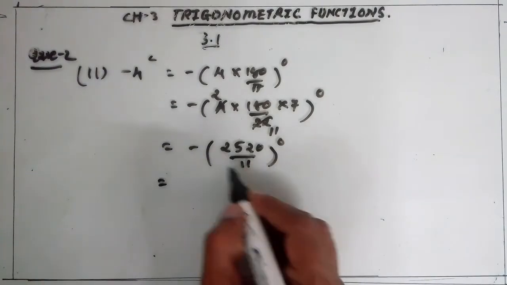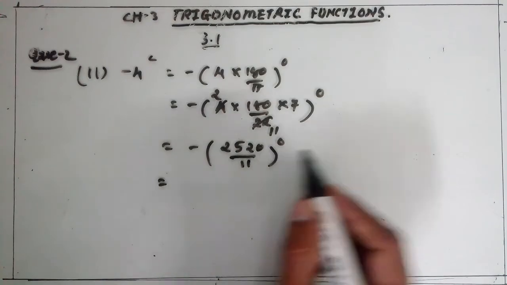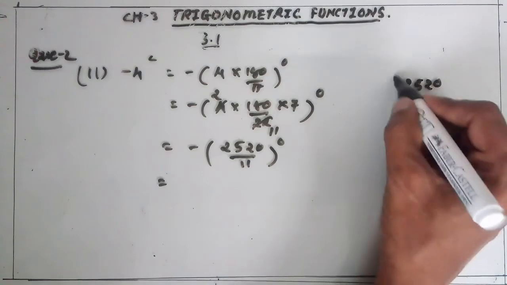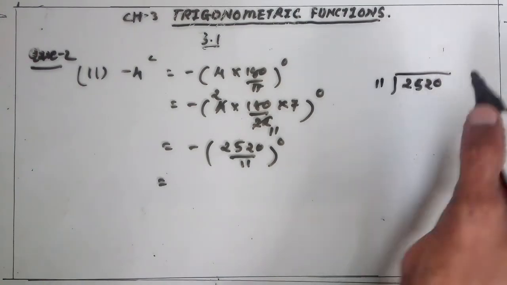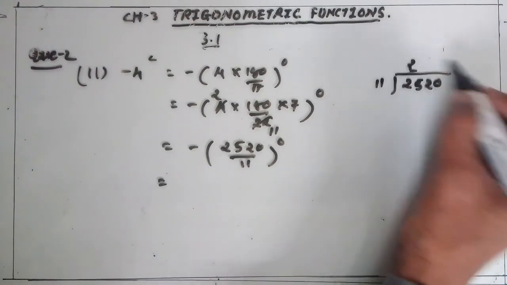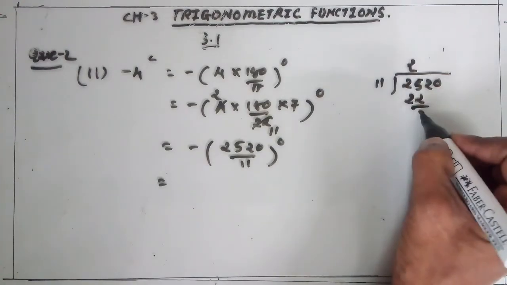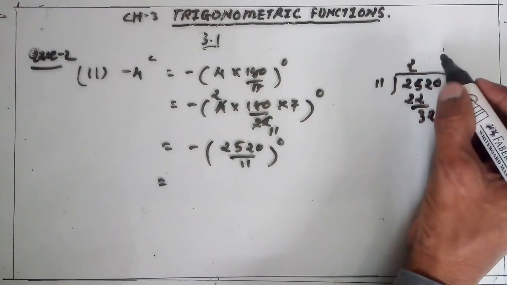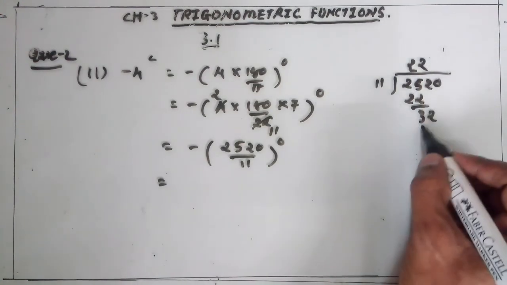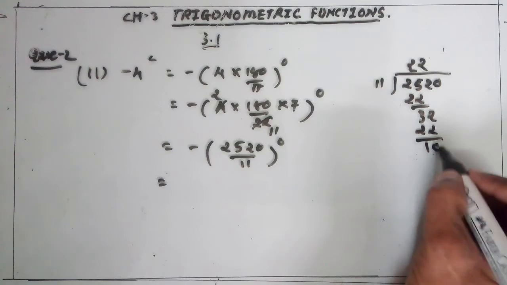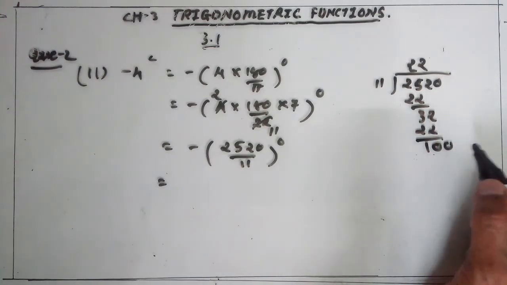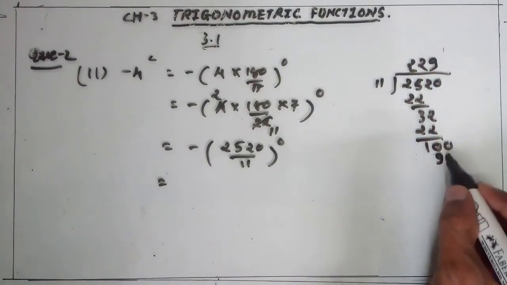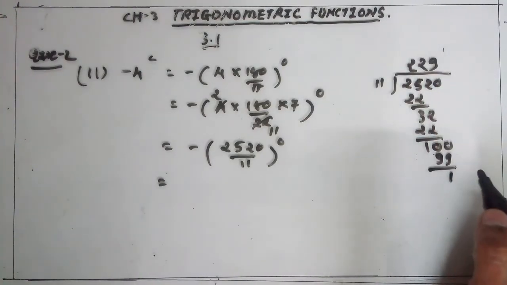Now using the simple division method, 2520 divided by 11. 11 2s are 22, 3 to carry. 11 2s are 22, here 10, carry 0. 11 9s are 99, 1.